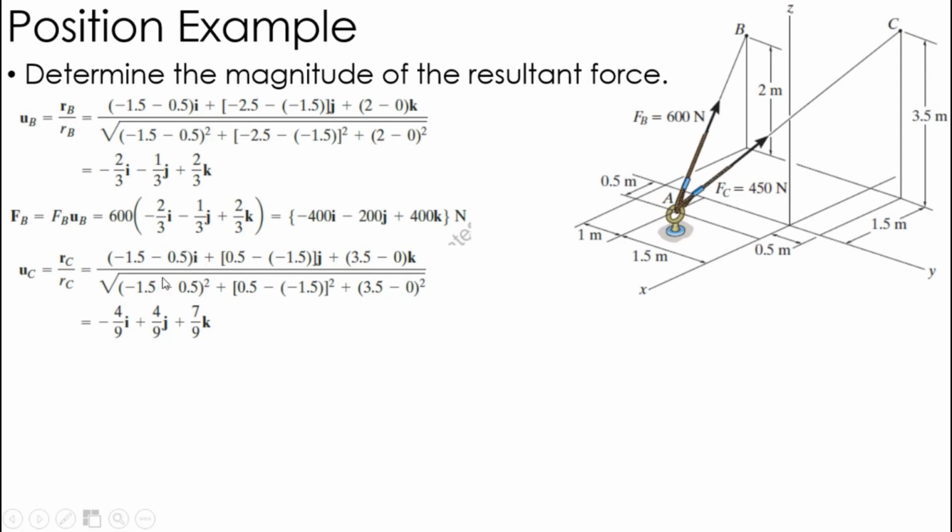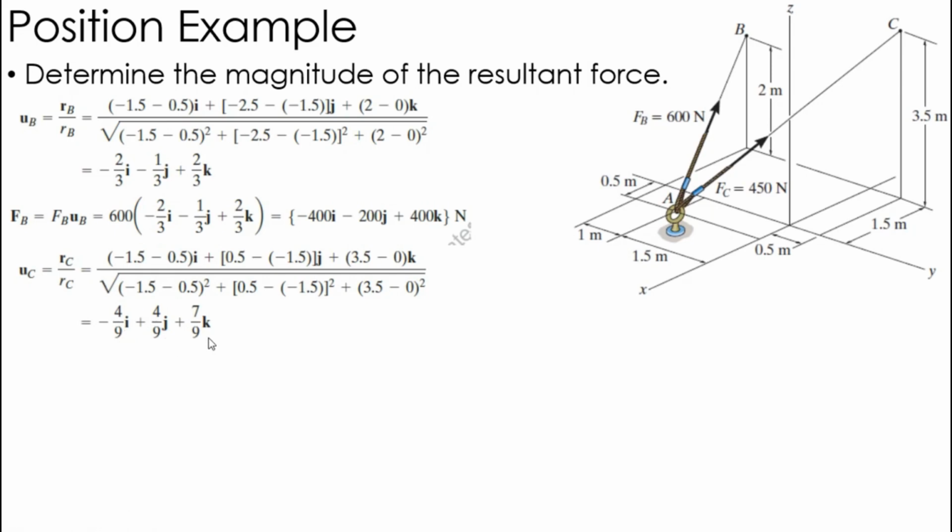So basically I get negative 2, positive 2, 3.5. So taking the square root of the sum of the squares to get the magnitude, I get a unit vector of negative 4 ninths, plus 4 ninths, plus 7 ninths.